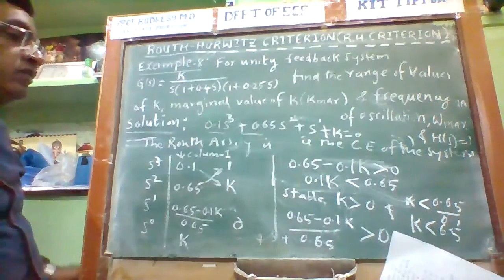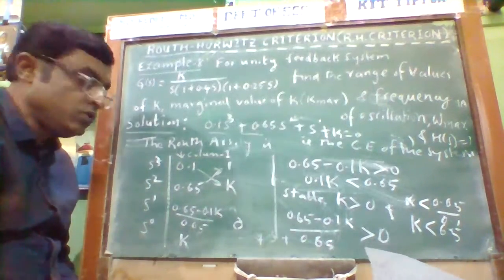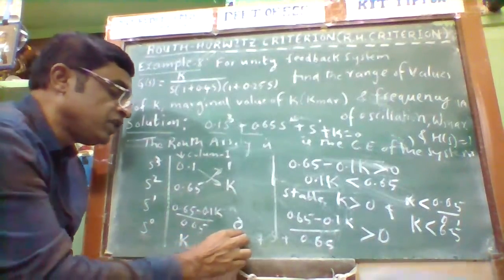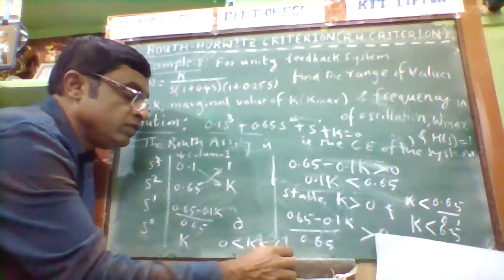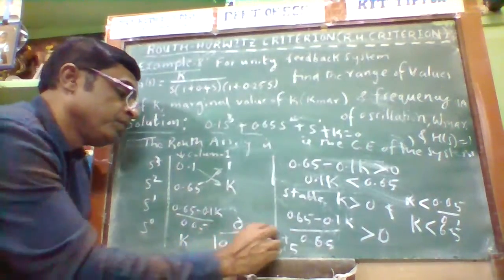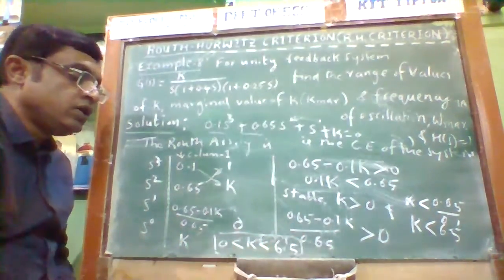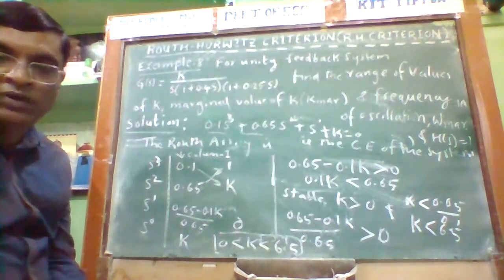So the marginal value of K is 6.5, and in between 0 and 6.5 the system is stable.